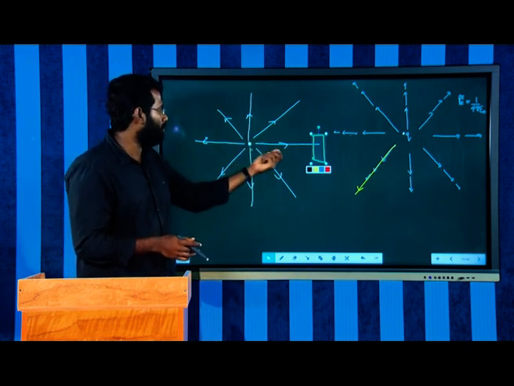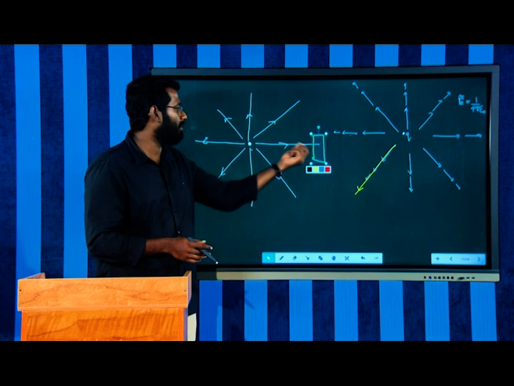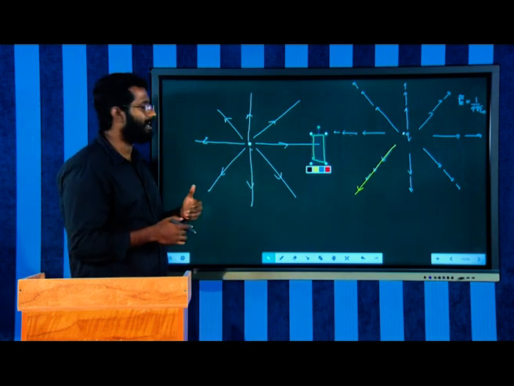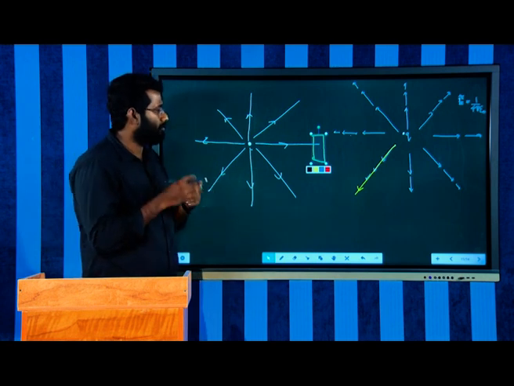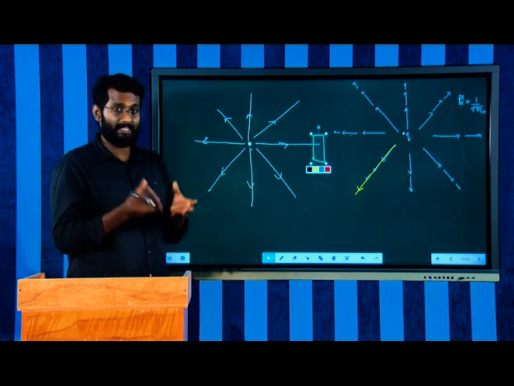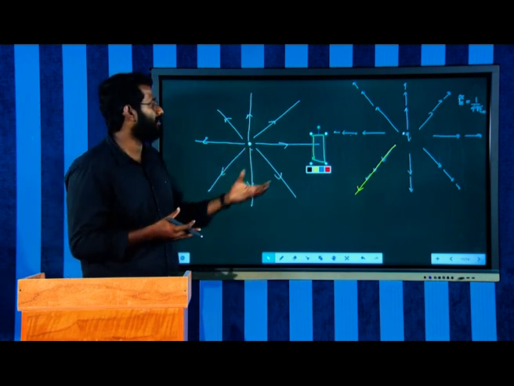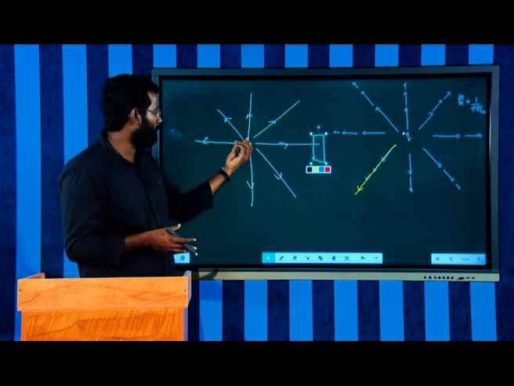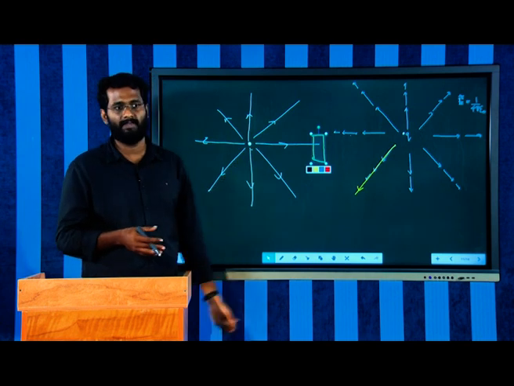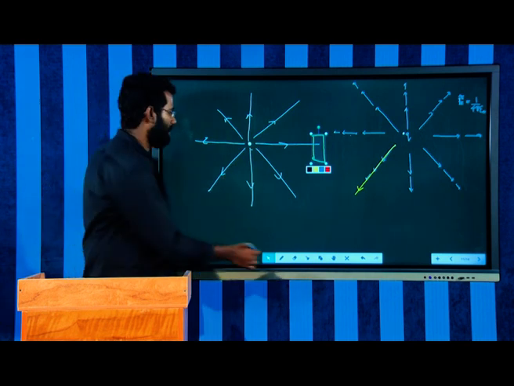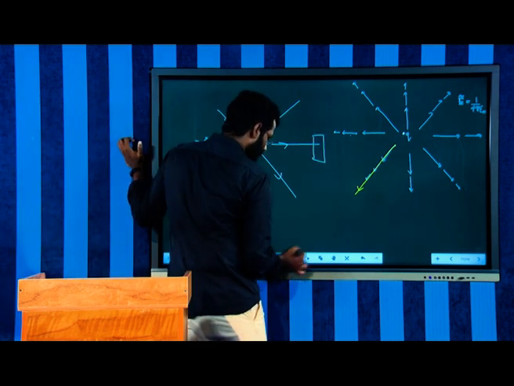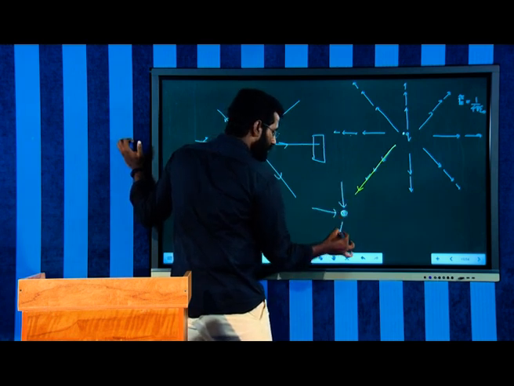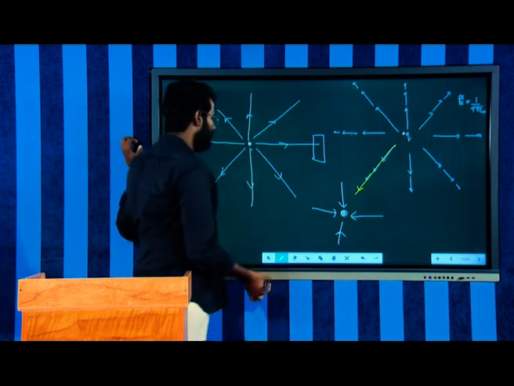So we have something called field lines passing through unit area, and we call it flux, and using that we can address the strength of the electric field. And the electric field lines always originate from a positive charge and terminate at a negative charge.